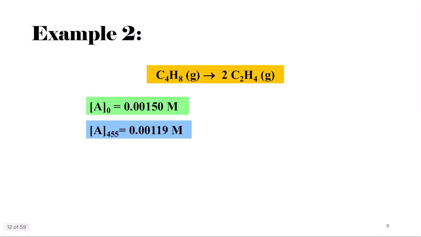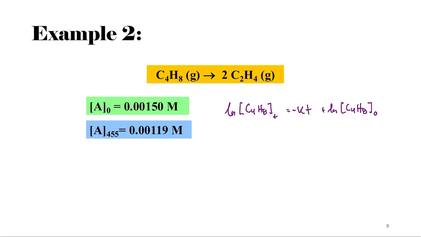So we have our integrated rate law, which was natural logarithm C4H8 at time t equals minus kt plus natural logarithm C4H8 initially.